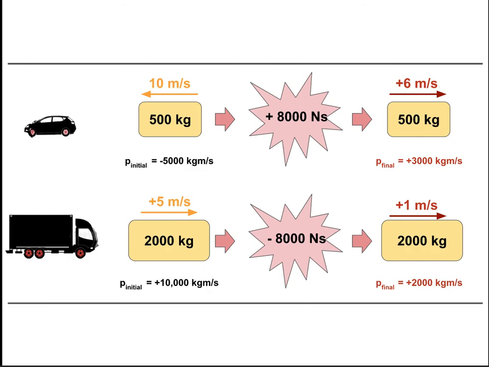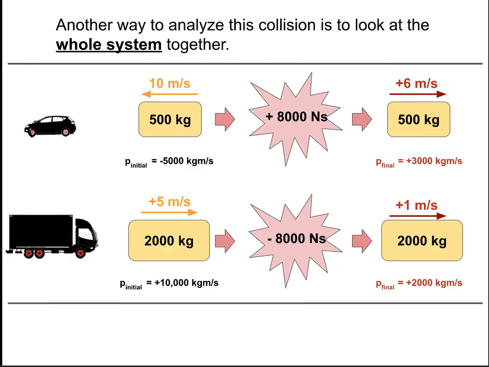Now, there's another way that we can look at this that's really going to be helpful because we don't always know those values of forces and times. But if we look at the whole system together, look what's going to happen here. First of all, here I've got negative 5,000 as the initial momentum for the car and positive 10,000 as the initial momentum of the truck.